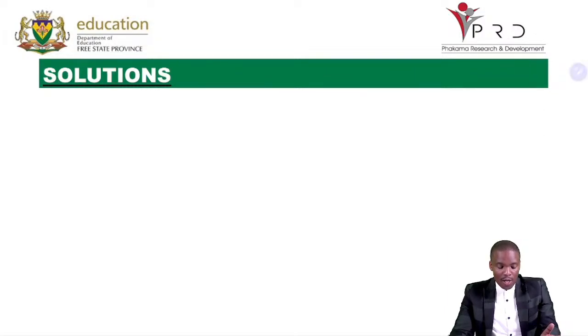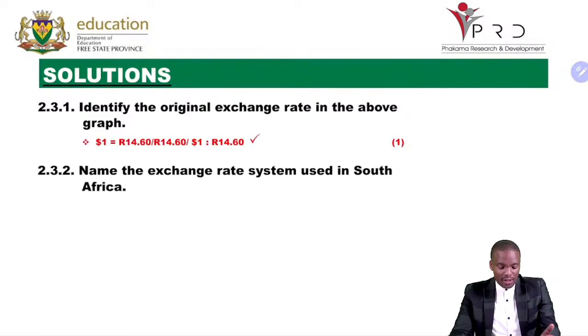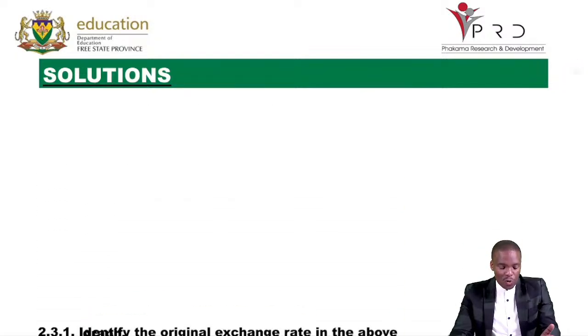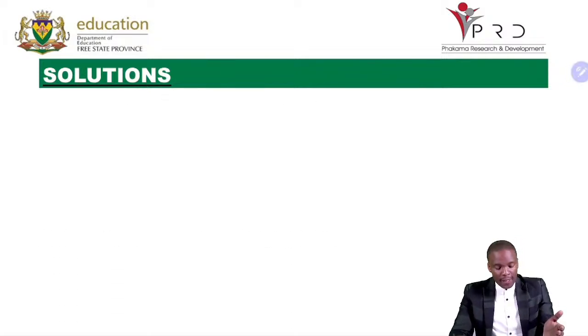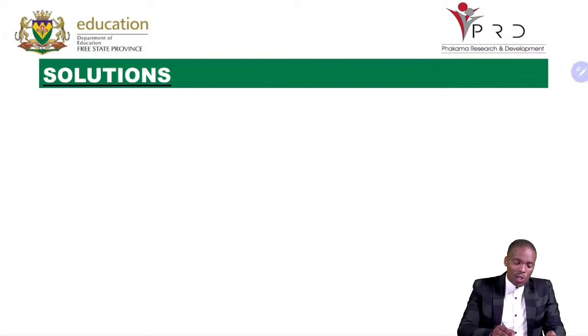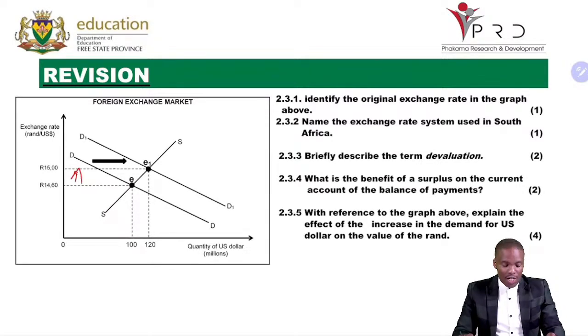So on this one, it's the issue of exchange rates, where commonly the mistake that we make under exchange rates, grade 12s, is that you need to be able to interpret currency appreciation and currency depreciation.